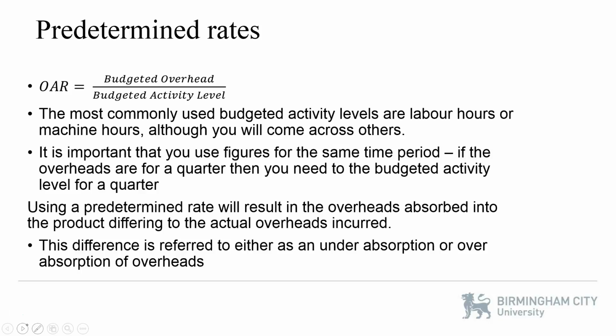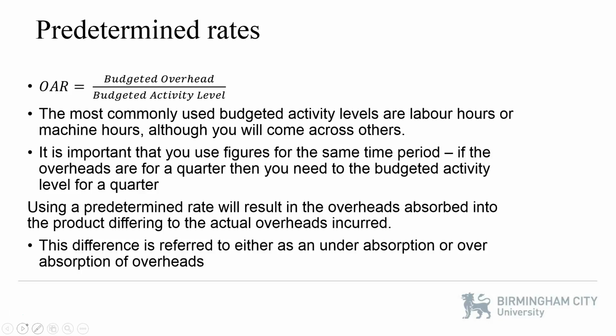If it is very machine intensive industry, then the budgeted activity level can be machine hours. So it would be our budgeted overhead divided by budgeted machine hours. You will sometimes see units used as activity level, so the number of units produced, and there are other activity levels that can be used that you may come across in different questions.